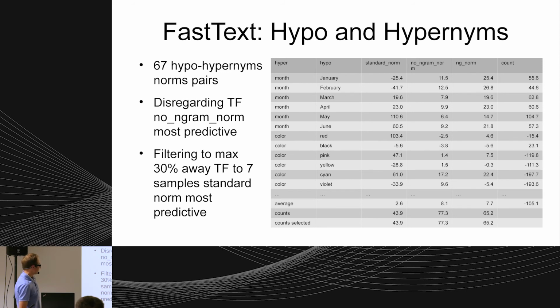And actually, when I took all the examples disregarding the frequency completely, and looked at the norm of the vectors where I used no n-grams, only the whole words, then this norm was predicting with an accuracy of 77% which one is more specific and which one is not.